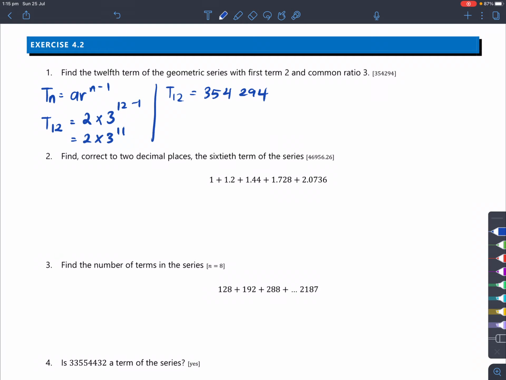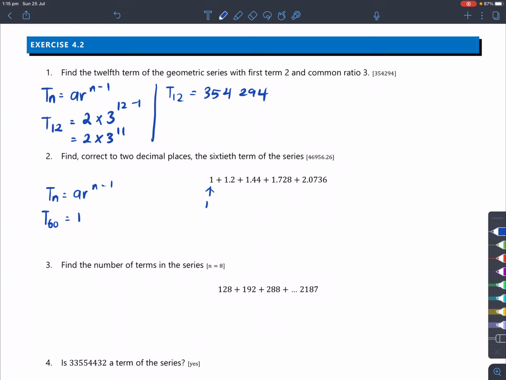Question 2. Find, correct to two decimal places, the 60th term of the series. Alright. So, Tn is ar to the power of n minus 1. T60 is, our first value, 1.